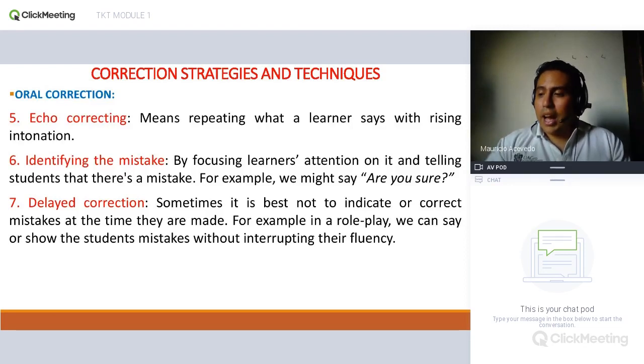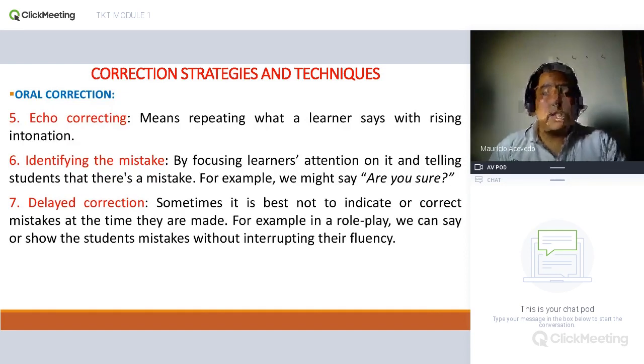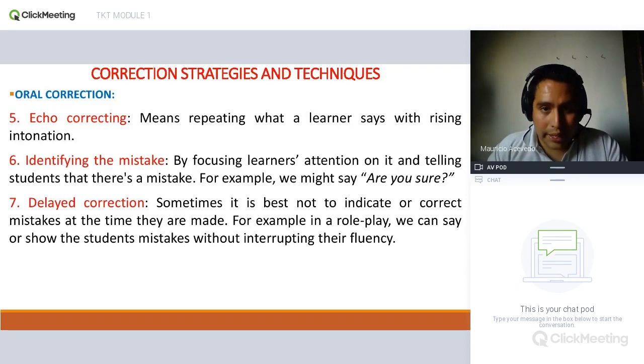Okay. Another point is delayed correction. Sometimes it is best not to indicate or correct mistakes at the time they are made. For example, in a role play, we can show the students' mistakes without interrupting their fluency. Delayed correction means to wait a little bit.